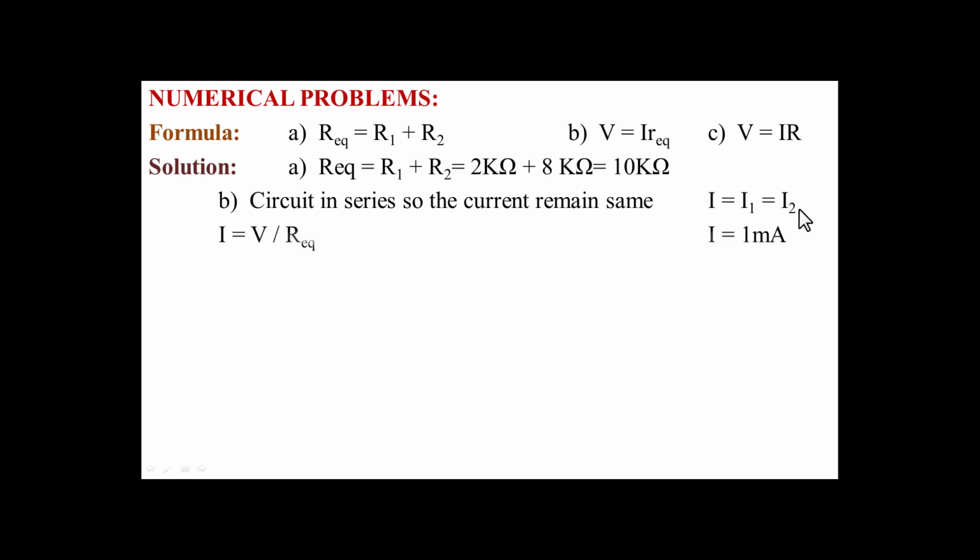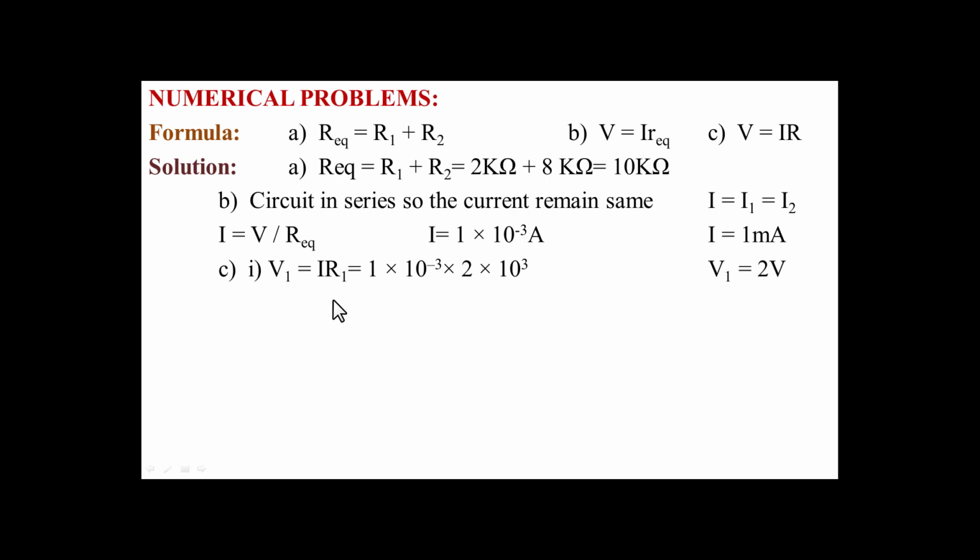According to Ohm's law, V is equal to I R equivalent, so I is equal to V upon R equivalent. Putting the values of V and R equivalent, current I is equal to 1 multiplied by 10 raised to power minus 3 ampere. Now I is equal to 1 milliampere.